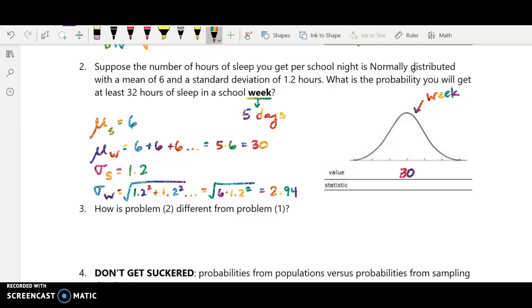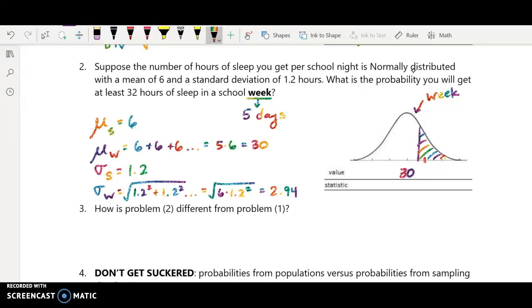So the probability I'm going to get at least 32 hours. If my standard deviation is 2.94, then one standard deviation right here is 32.94. So clearly 32 is just a little to the left of that. I want at least 32 hours, so let's go to the right.